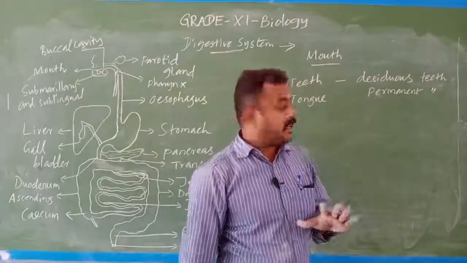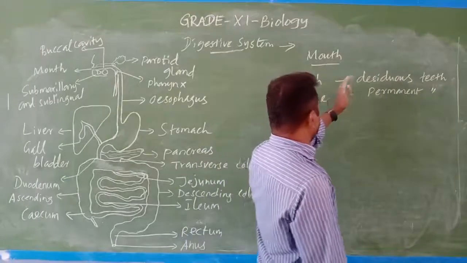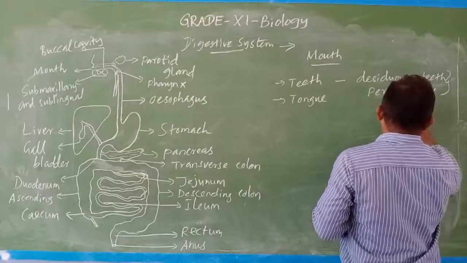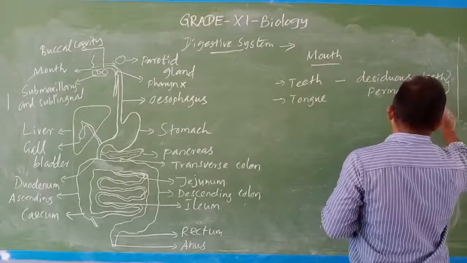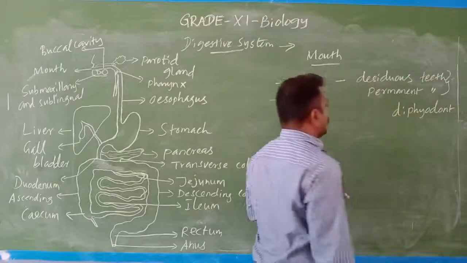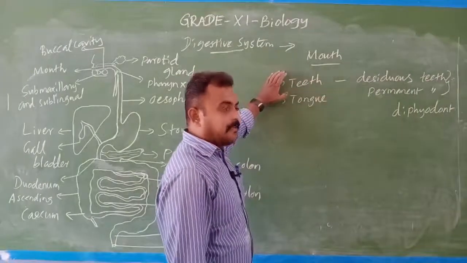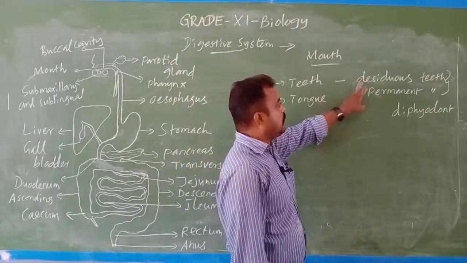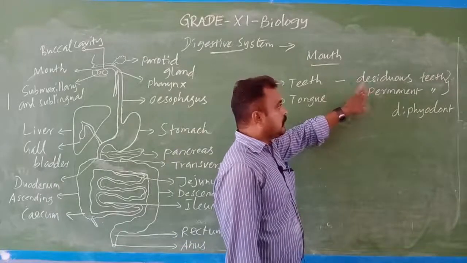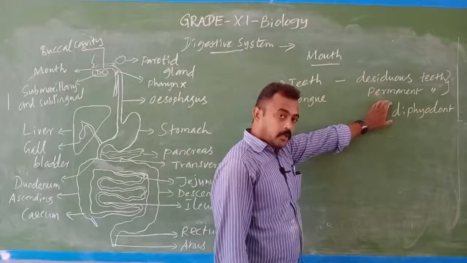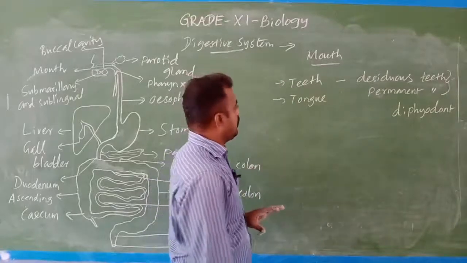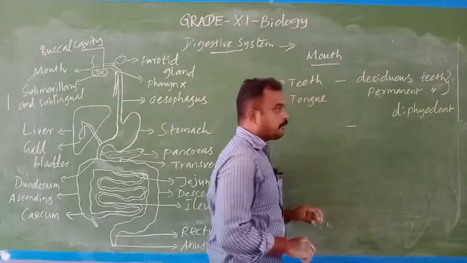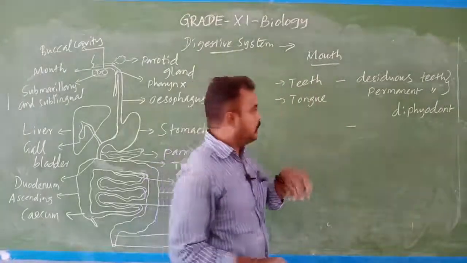That's why it is diphyodont. So in our life we have two sets of teeth: one is deciduous teeth and the other is permanent teeth. That's why it is called diphyodont. Then the teeth are fixed into the jaw.